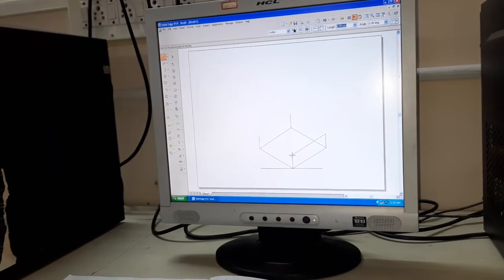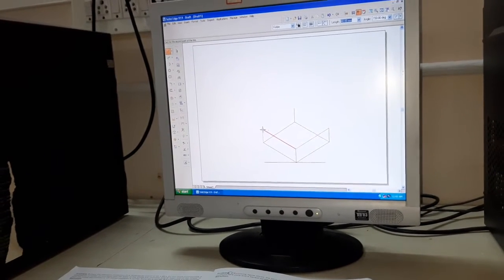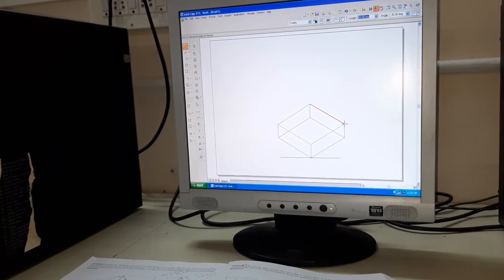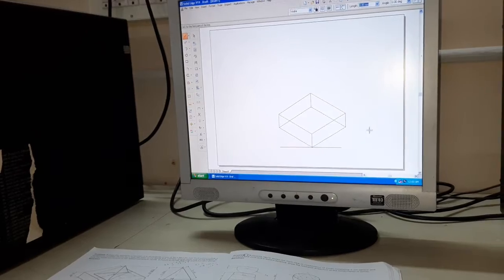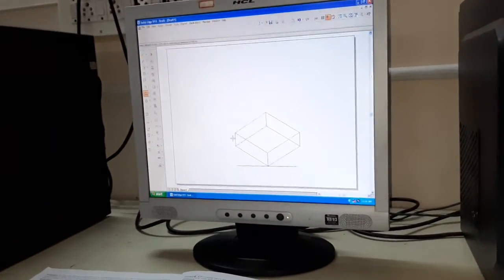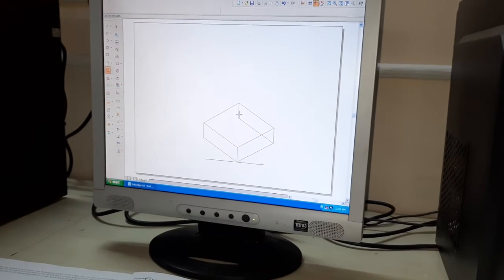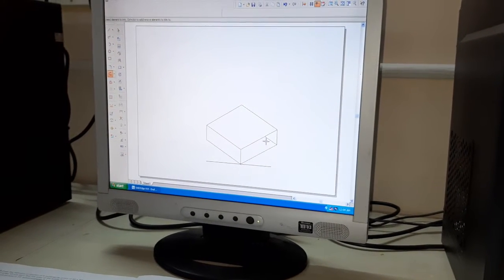Join these points. Now the slab is ready. Let us trim off the hidden edges.